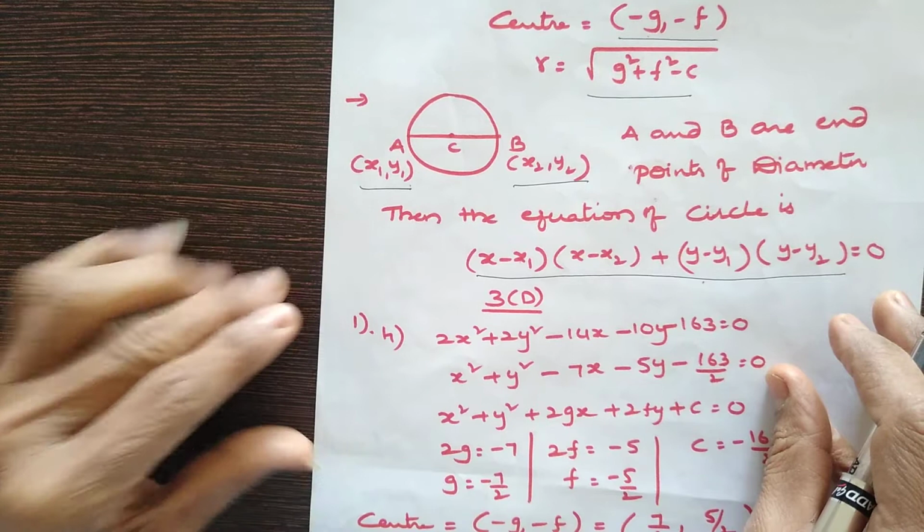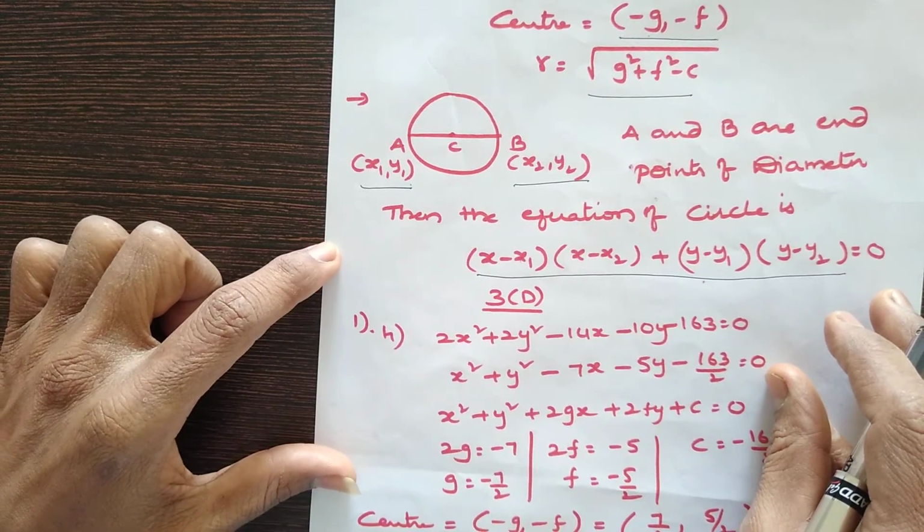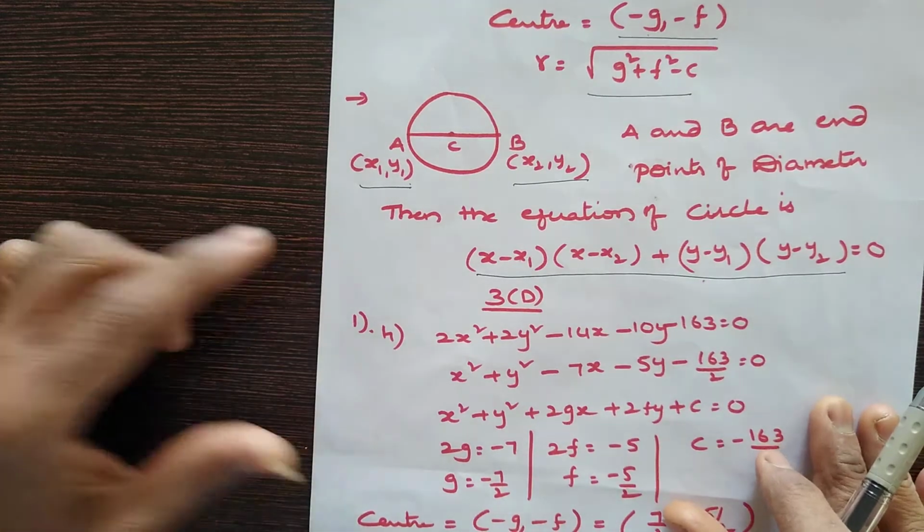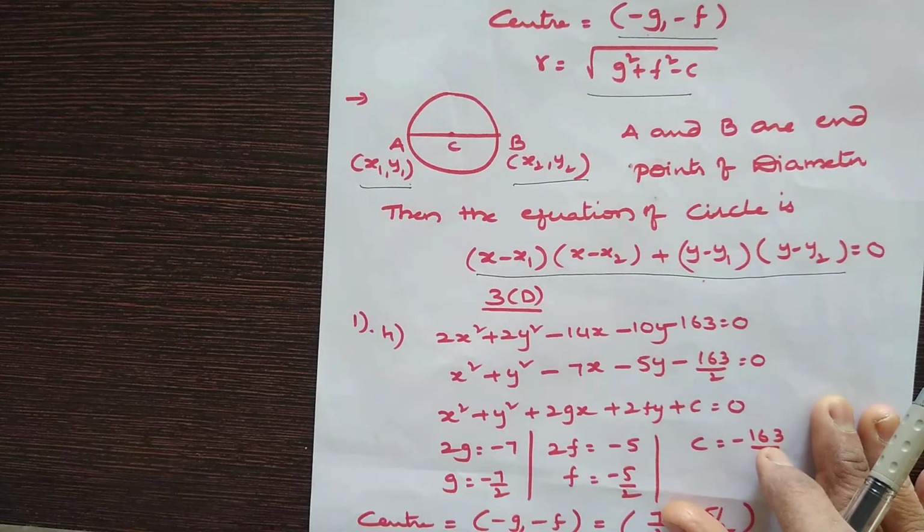If they give the ends of the diameter, then we can find the equation of the circle.